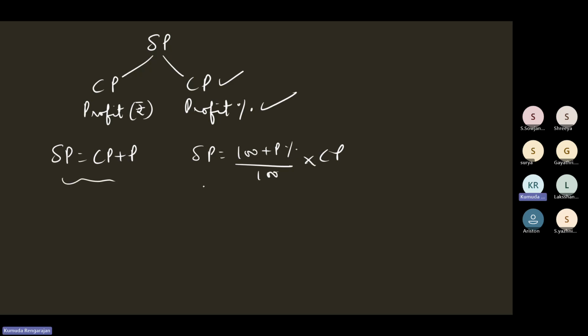See, in both the cases, we are finding the selling price. We use this formula when we are given the cost price and profit in rupees. Then we find selling price like this, CP plus profit. If we are given CP and profit as a percentage, then we need to use this formula, 100 plus profit percent by 100 into CP.